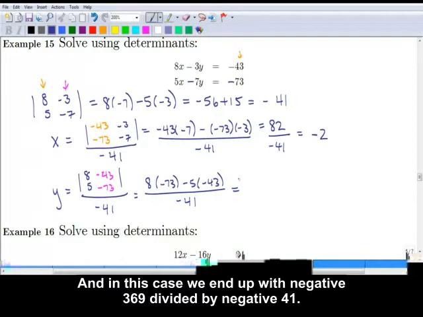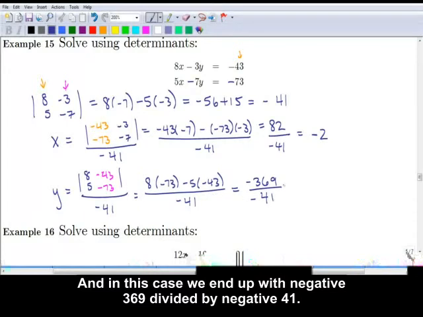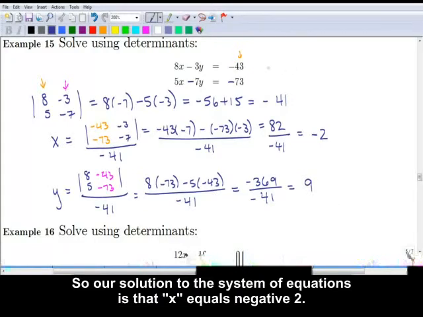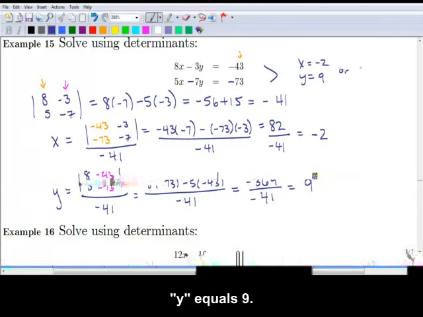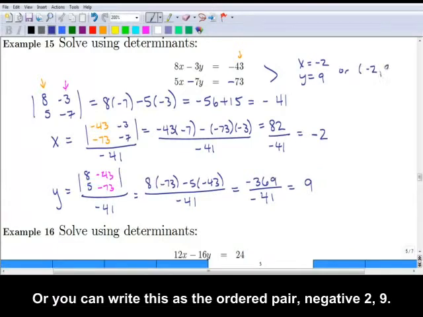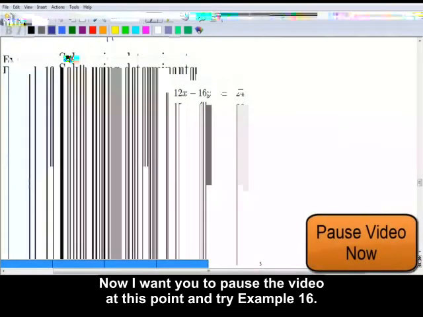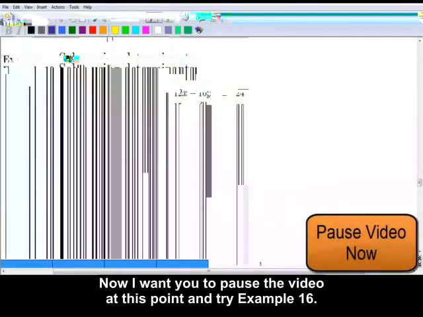And in this case, we end up with -369 divided by -41, and this comes out to be a +9. So our solution to the system of equations is that x equals -2, y equals 9, or you can write this as the ordered pair -2, 9. Now, I want you to pause the video at this point and try example 16.